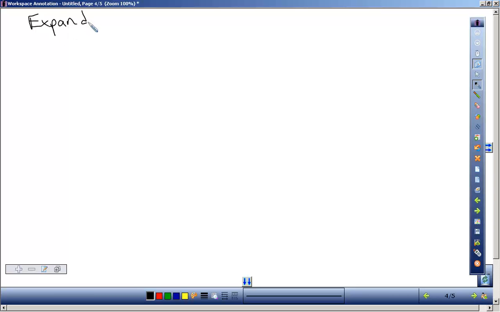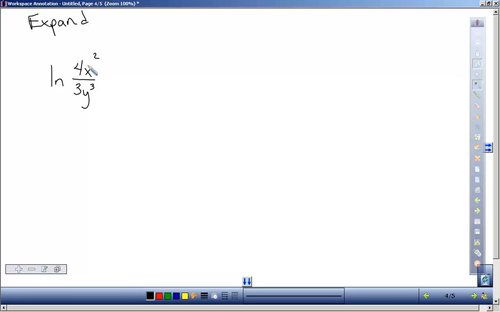Expanding is when you take one log and you're trying to break it up into a whole bunch of little logs. So for example, if I have natural log of 4x squared over 3y to the 3rd, and I wanted to expand this problem, what I would have to realize is that I've got two things being divided here.